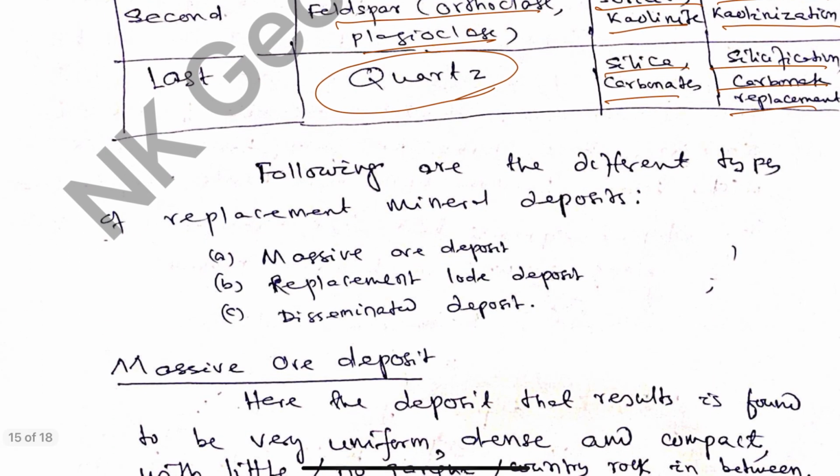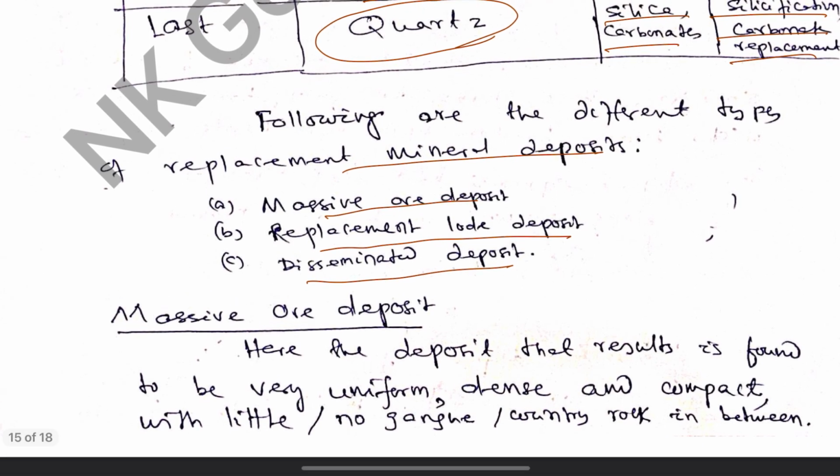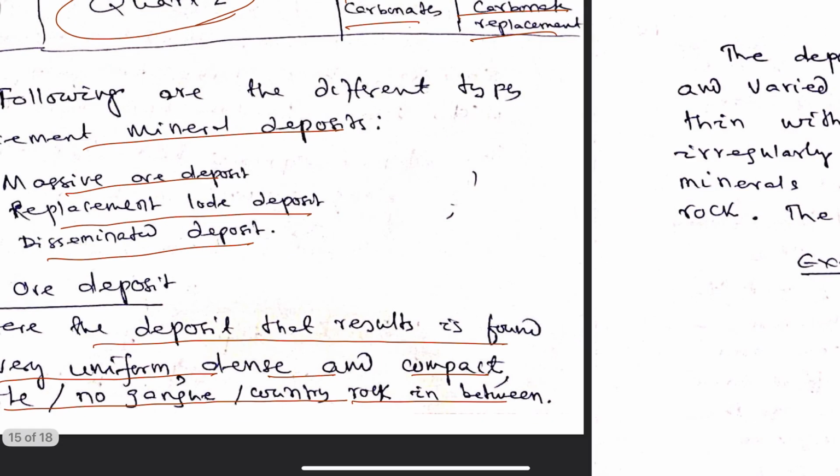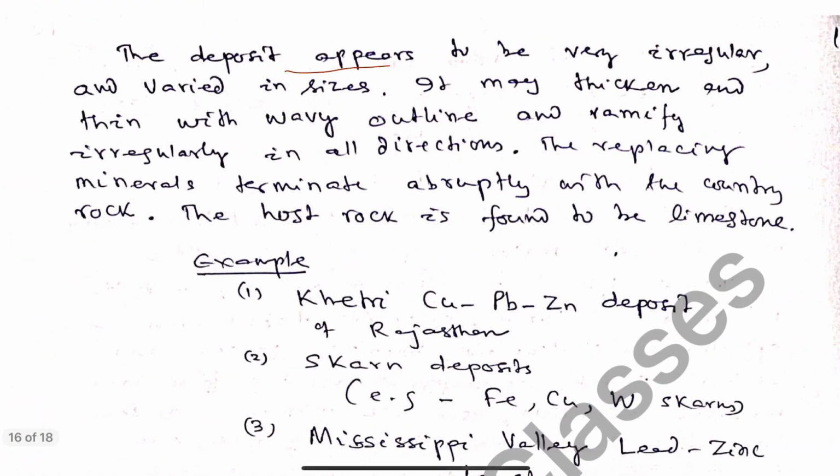Following are the different types of replacement mineral deposits. They may be massive, they may be replacement lode deposits, they may be disseminated deposits. What is massive? Here the deposit that results is very uniform, dense and compact with little or no gangue or country rock in between. The deposit appears very irregular and varied in size.